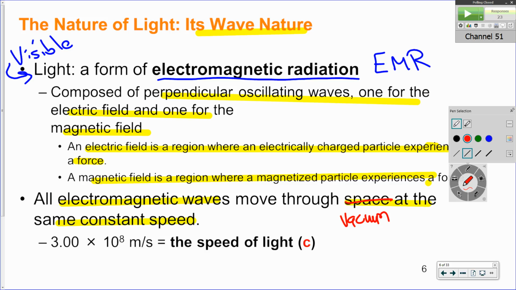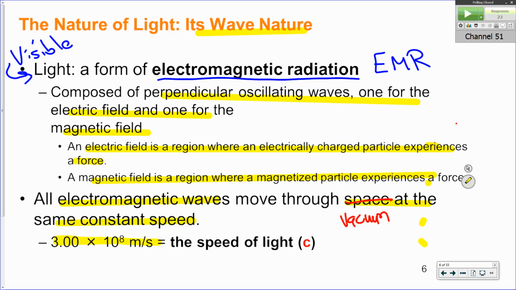But if there's nothing there, the speed of light is the same absolutely anywhere on the Earth, and as far as we can understand, anywhere in the universe. That speed is limited. There's an absolute speed limit on the speed of light, and it's 3.00 times 10 to the 8th meters per second. And that's as fast as light can go.